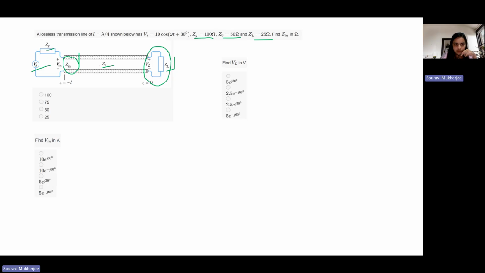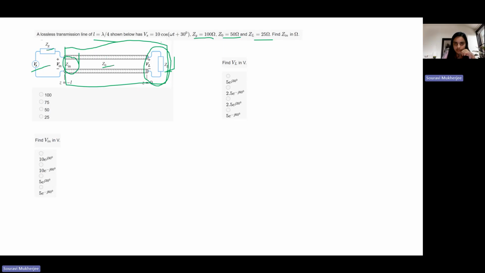So if you look at this section, you know ZL, you know Z naught, and the length is known, it is lambda by 4. You have to find Z in. So that's the same formula again, right? Z naught square by ZL should give you Z in.